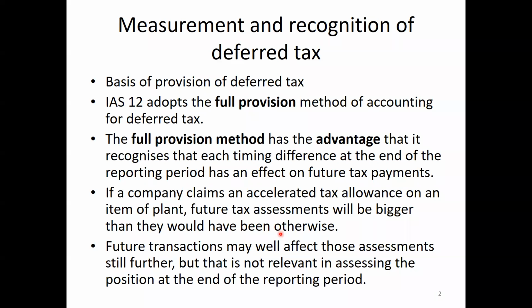There is no room for deferred tax. So if we are paying less tax in the current year, it is a signal that in the future we have to pay more tax than we expected, right? Future transactions may well affect those assessments still further.